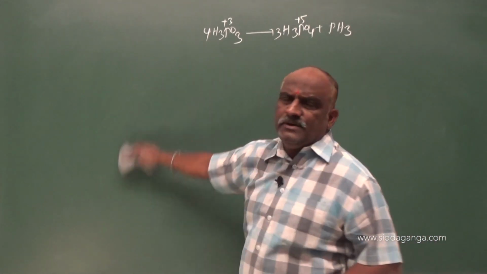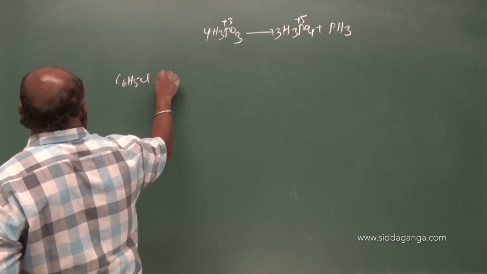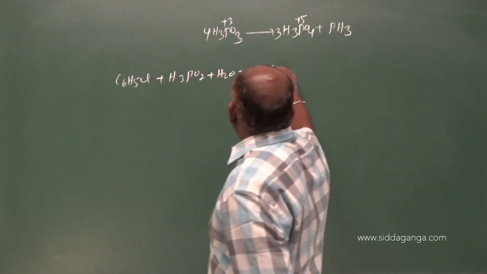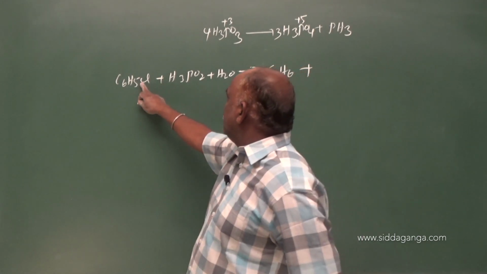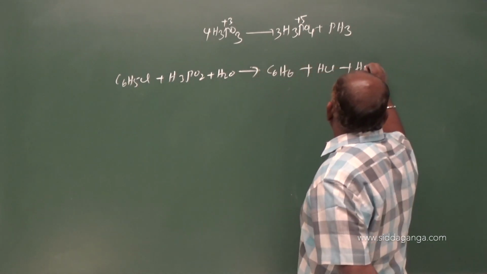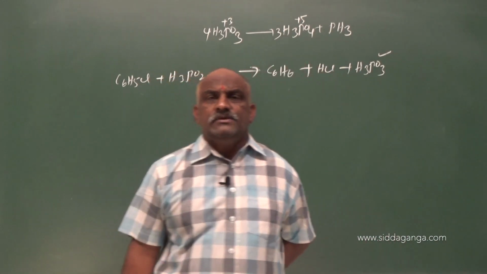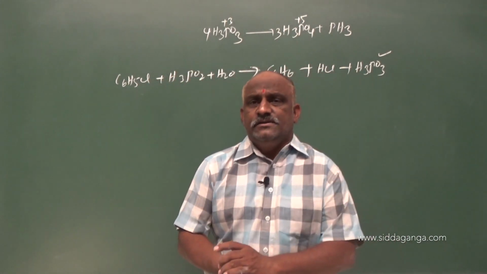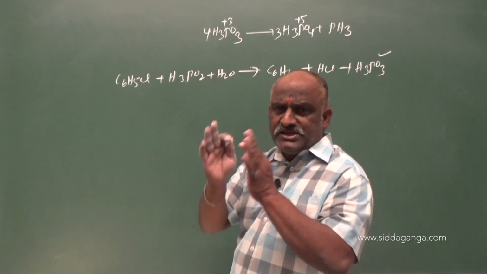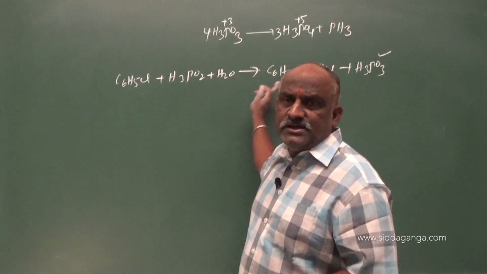Already you know this reaction: benzene diazonium chloride, C6H5N2Cl, plus H3PO2 plus H2O gives rise to C6H6, benzene, combined with HCl, and this oxygen goes to this, then we get H3PO3. This reaction was there in your NCERT text, organic chemistry, amines, diazonium salts. So here hypophosphorus acid acts as a strong reducing agent. It reduces benzene diazonium chloride to benzene.